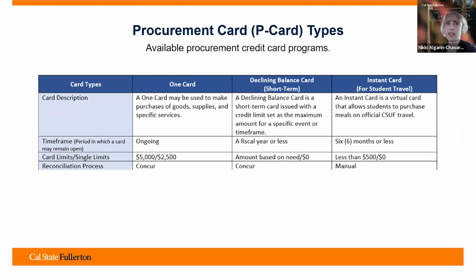So if you start with a balance of $20,000 and you're spending $1,000 every month, it just keeps deducting from that 20. This month it may be 19, the following month it'll be an $18,000 credit limit. And lastly is the instant card, which is typically issued to students for purchasing meals while on official travel.